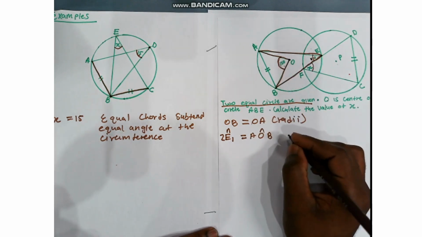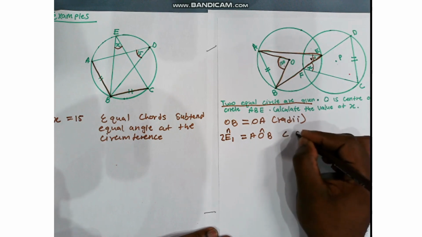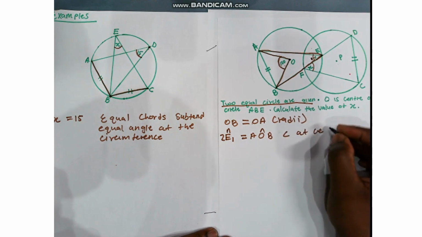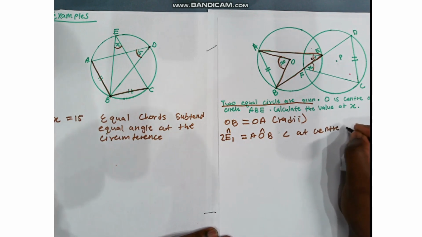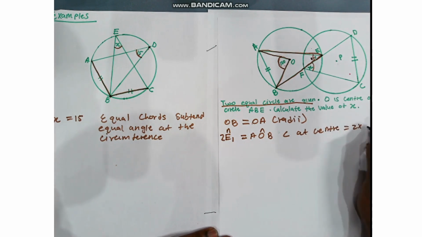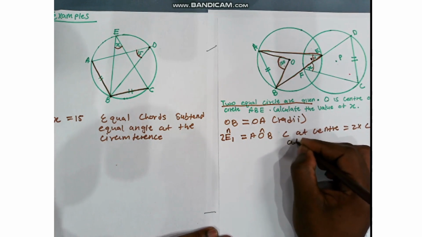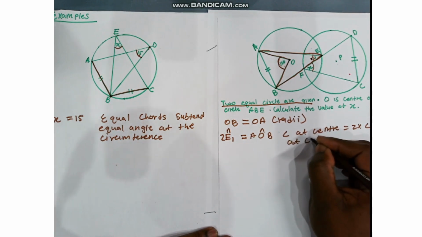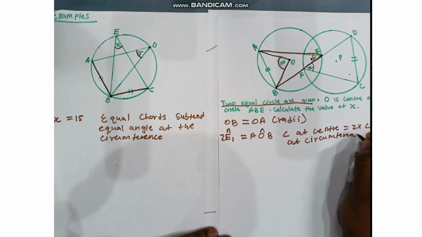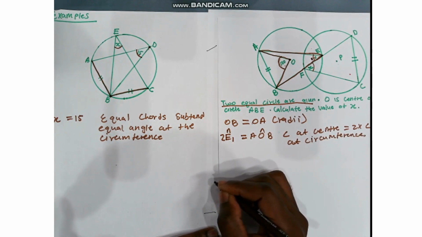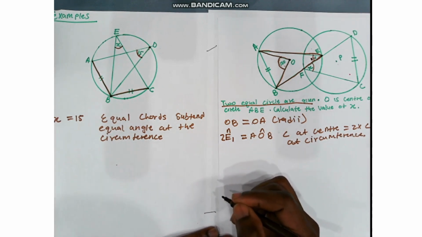The reason: angle at the center is equal to 2 times the angle at the circumference. I hope you understand that one.